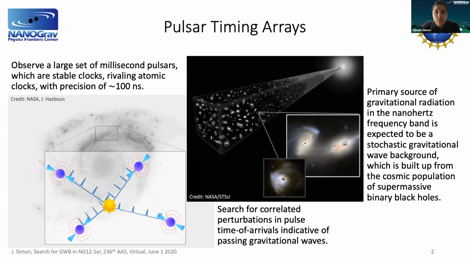They are expected to form following major galaxy mergers, and the cosmic population that we are sensitive to extends roughly out to a redshift of 2. These are the most massive galaxies and black holes, and their population forms this stochastic background.